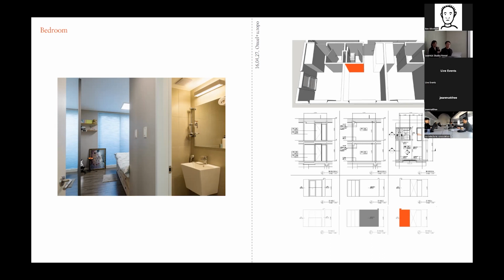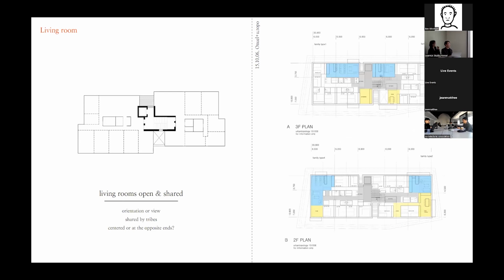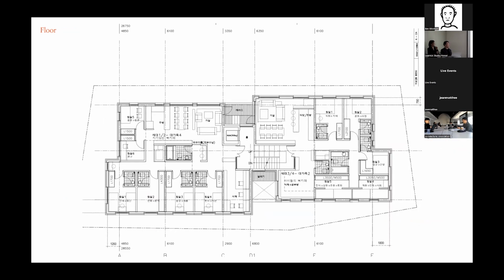So that's the minimum size for the private unit for 2 persons. And then that gave us the size of the living room, but we didn't know where to put them. We for sure thought of the central location here, as you can see on the right.